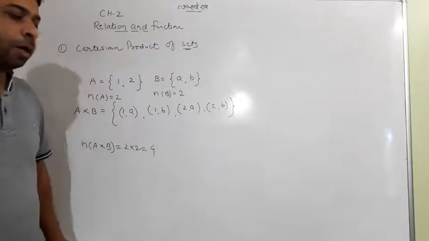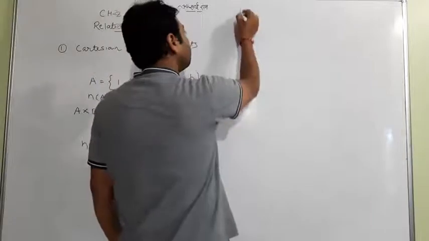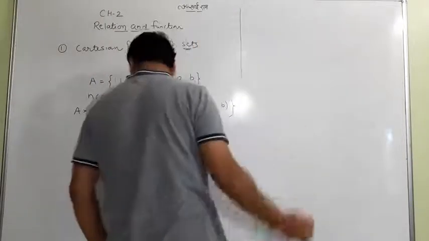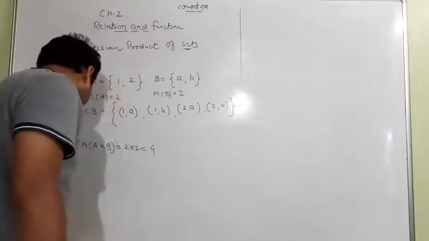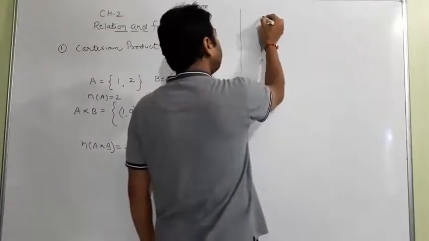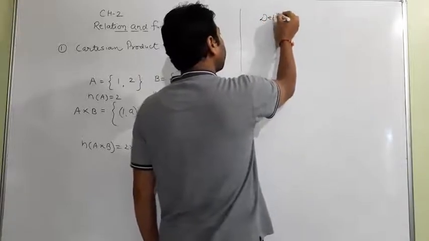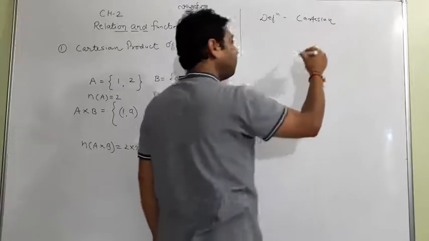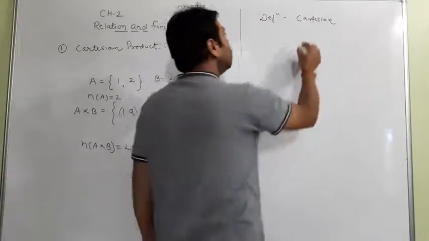Very simple. Okay. One more thing I want to say, what may be the definition of A cross B. Suppose we want to put the definition of Cartesian product. Not a very special writing we will put here.